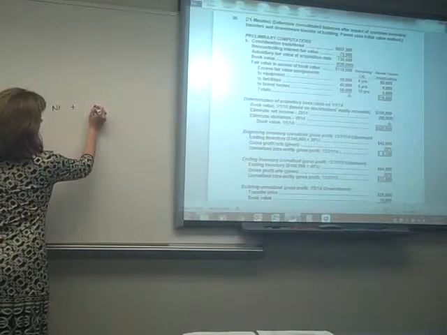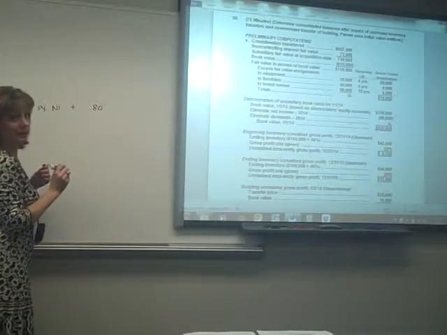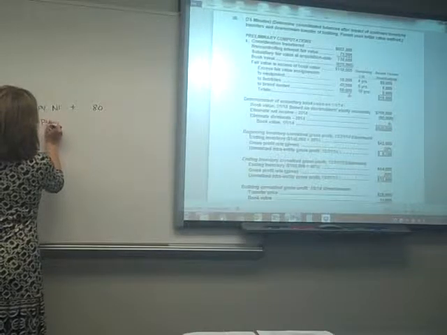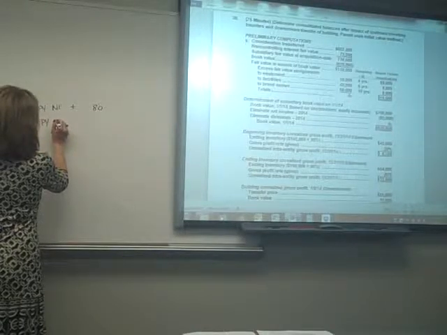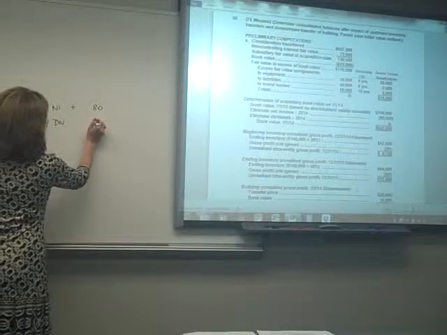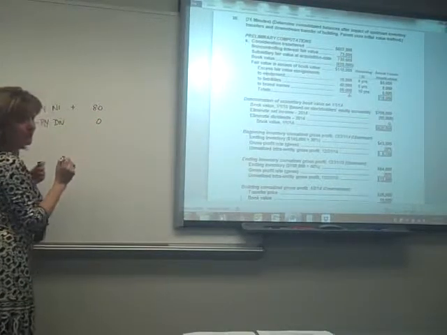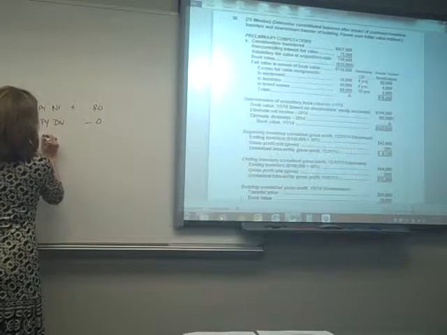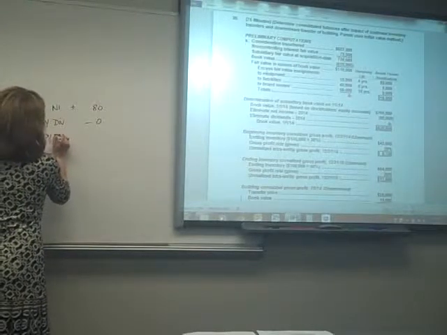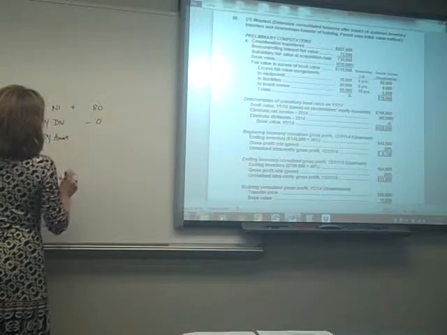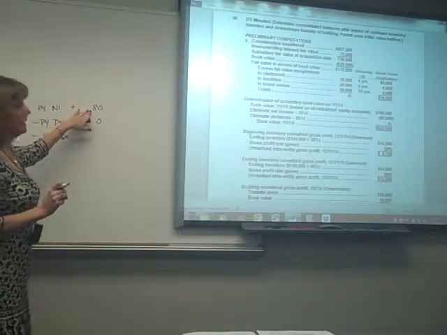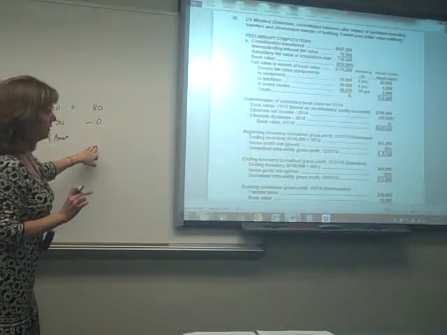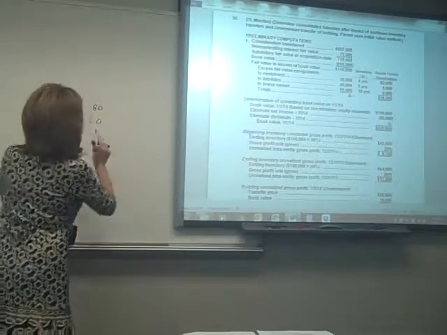Prior years net income was given to us as 80. Minus the prior year's dividends, which was 0. Always subtracted. Minus the prior year's amortization, because they weren't recorded. So we would be recording the net income, removing the dividends, there were none, and recording the amortization. And 1 year's amortization was $18,000.